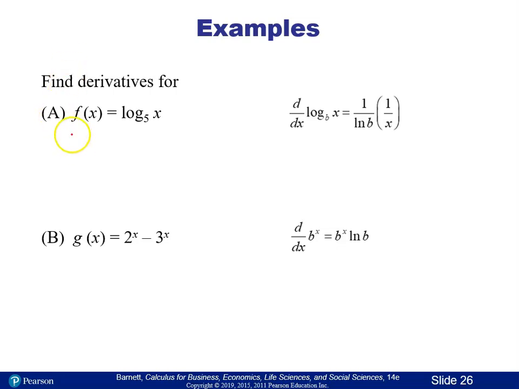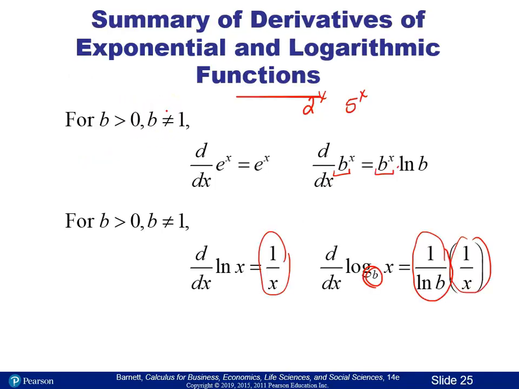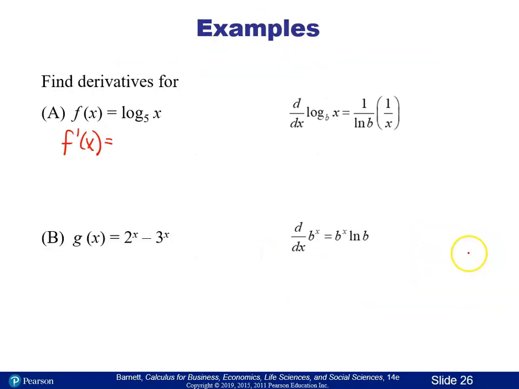Okay, so applying these derivative rules that we just looked at, for this one, we've got the log with a base of 5 of x. So just to show you what I'm using, I'm going to be using this rule here. That tells me that I'm going to have 1 over the natural log of my base times 1 over x.